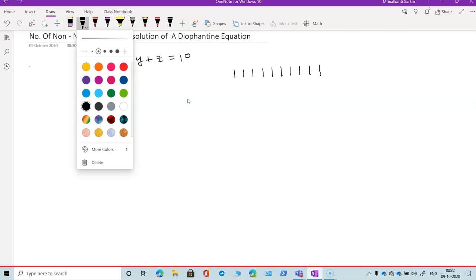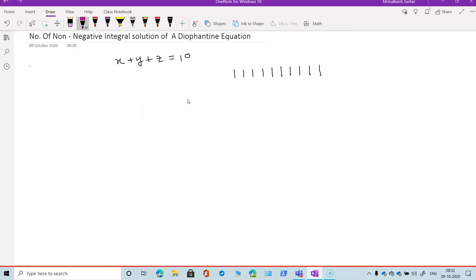Anywhere means those separators I can take in this manner. Taking the first solution, this implies x is equal to 2, y is equal to 7, z is equal to 1.